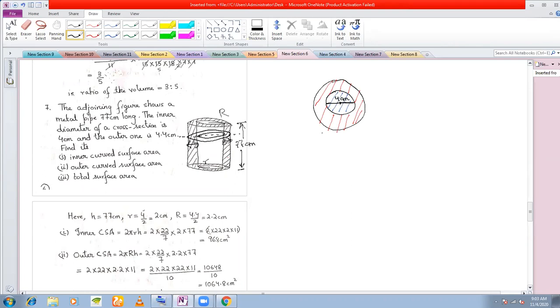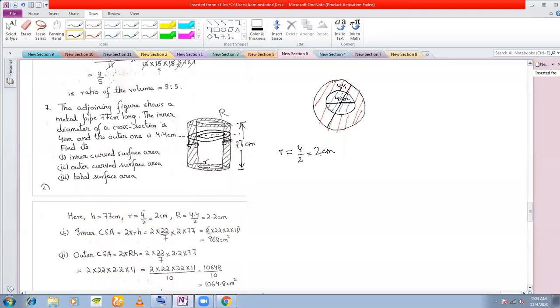And the outer one is 4.4. Outer diameter, that is this diameter, is 4.4. So from the inner and outer diameters, we can get the radii. Inner radius, small r, is inner diameter divided by 2.